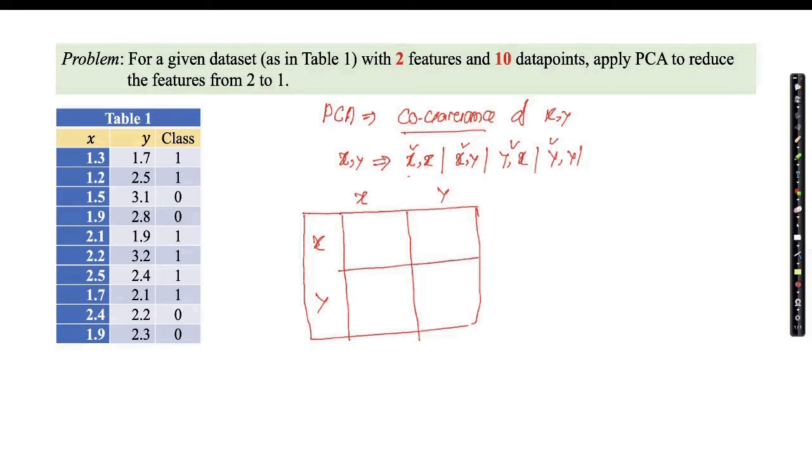The covariance matrix will be formed by computing the covariance of x, x, covariance of x, y, covariance of y, x, and covariance of y, y. Moreover, covariance of x comma y is equal to covariance of y comma x.